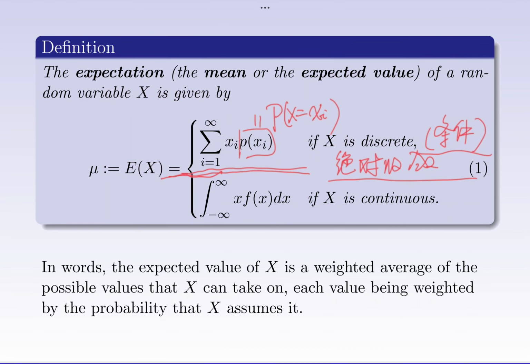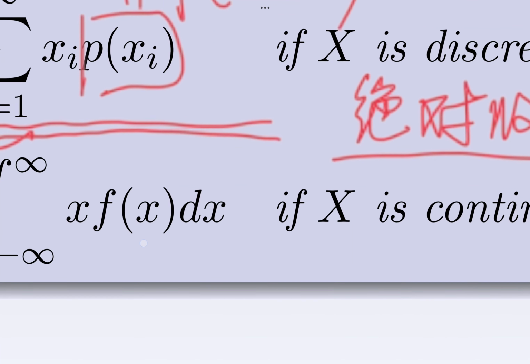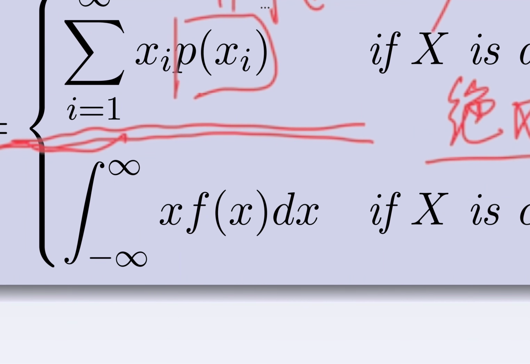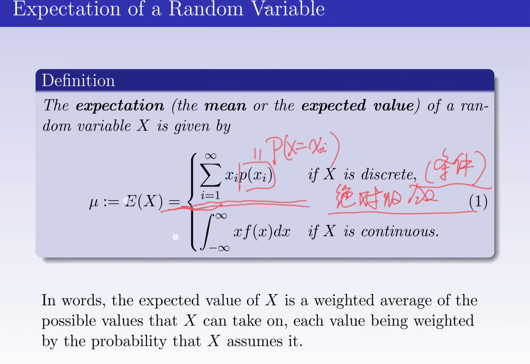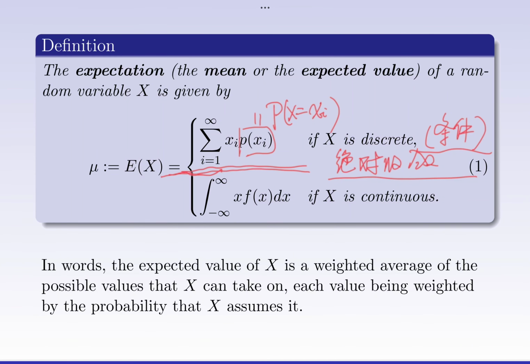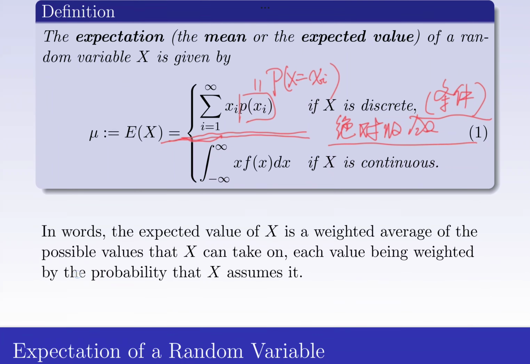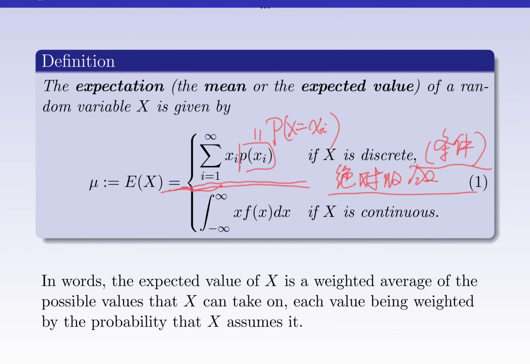We should have a deeper understanding of what f(x) and p(x) are. In words, the expected value of X is the weighted average of the possible values that it takes on. This is why we do this.